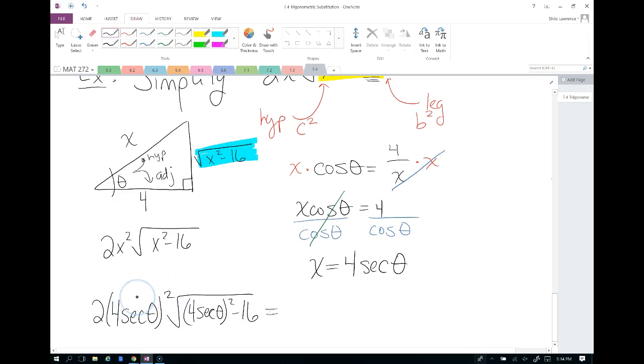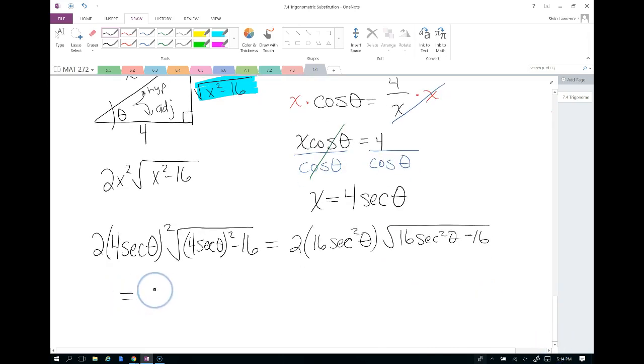And remember that doesn't only apply to the trig, but also the coefficient. So this is 2 times 16 secant squared theta times the square root of 16 secant squared theta minus 16. So in the front, we really have 32 secant squared theta.